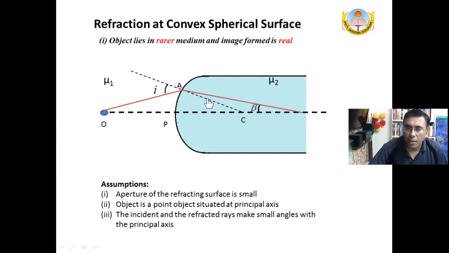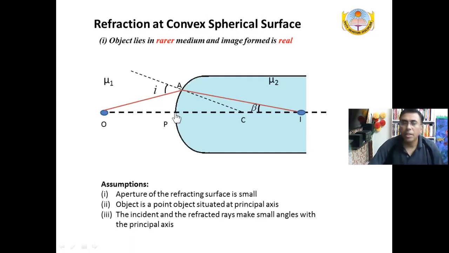Now the angle which the refracted ray makes with the principal axis, we call angle beta. And the point where this refracted ray meets the principal axis, at this point we obtain the image I. Because the second ray, we can consider, goes straight along the principal axis and meets at point I, because any ray passing through the pole will not undergo any deviation.